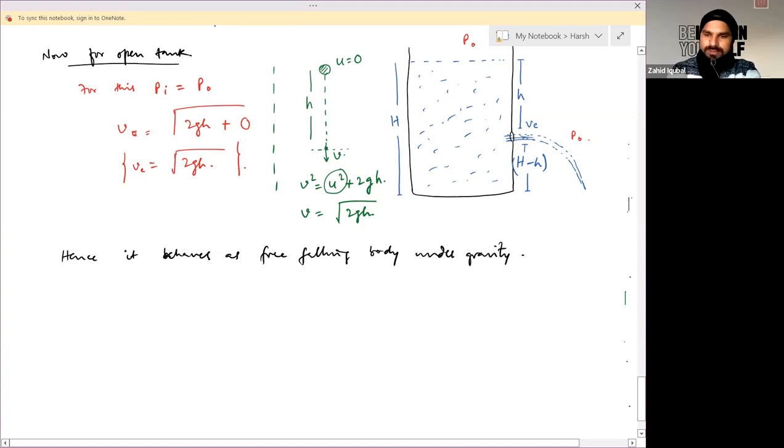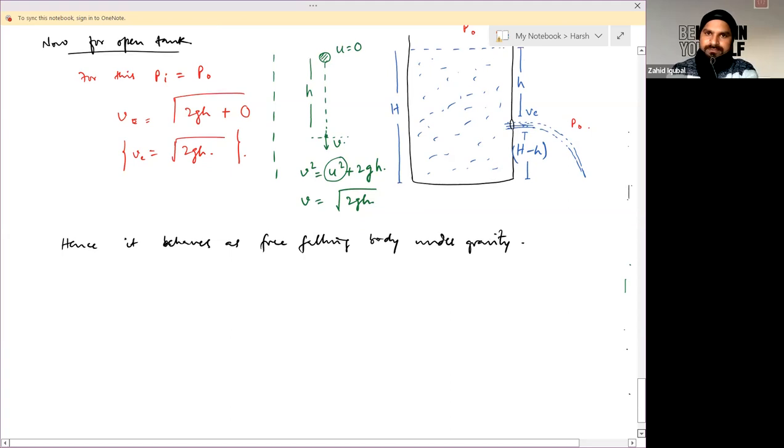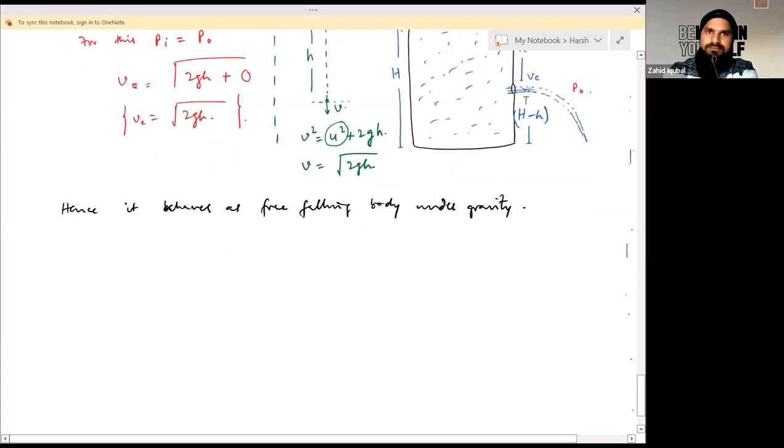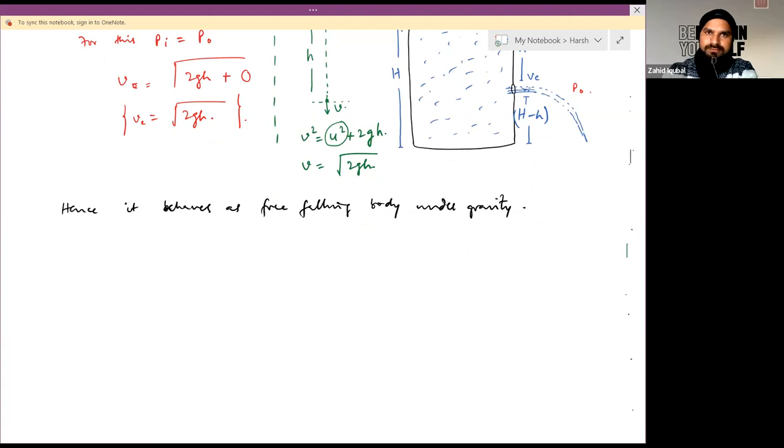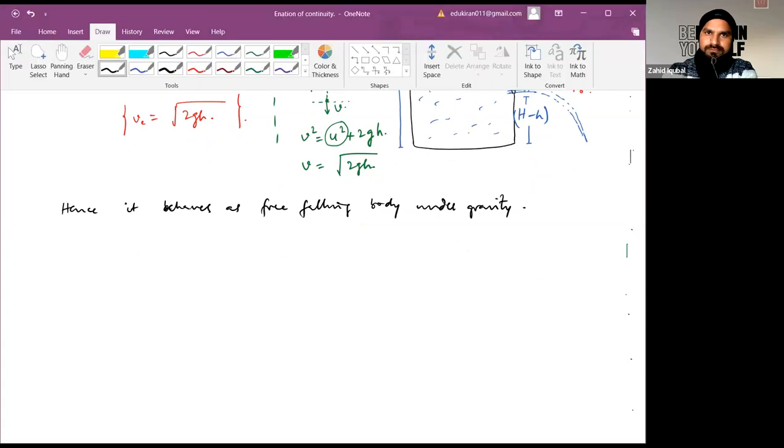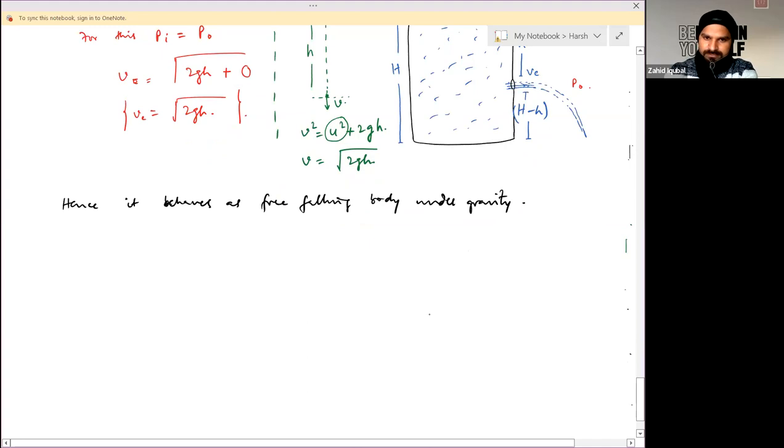Now, related to this expression, let's say this is y-axis and this is x-axis. Hole is initially at this point. Position of hole from the ground is H minus h.